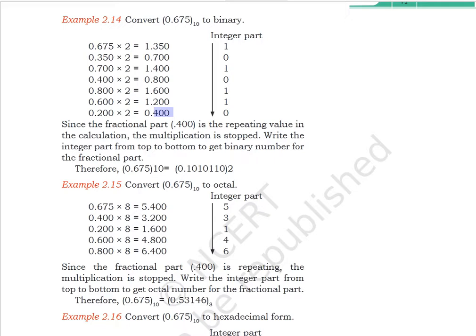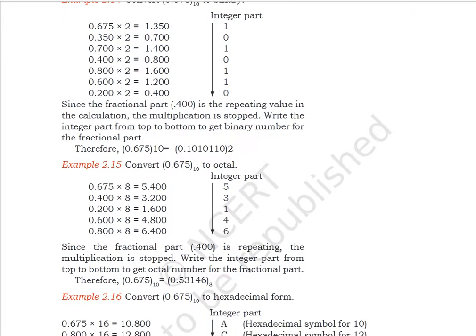Though the fractional part is not 0, this is a repeating value, and that's why the multiplication is stopped. Write the integer part from top to bottom to get the binary number for the fractional part. Therefore 0.675 to the base 10 equals, collecting from top to bottom, 0.1010101110 to the base 2.